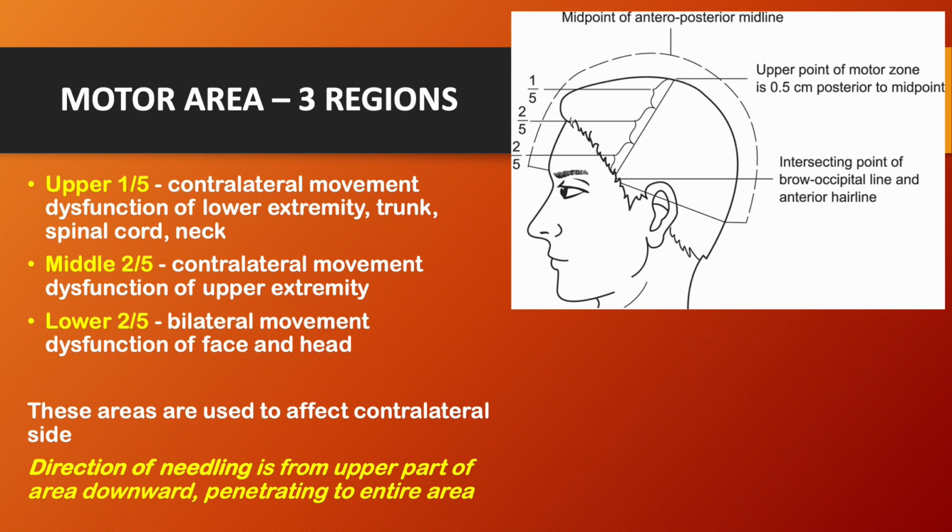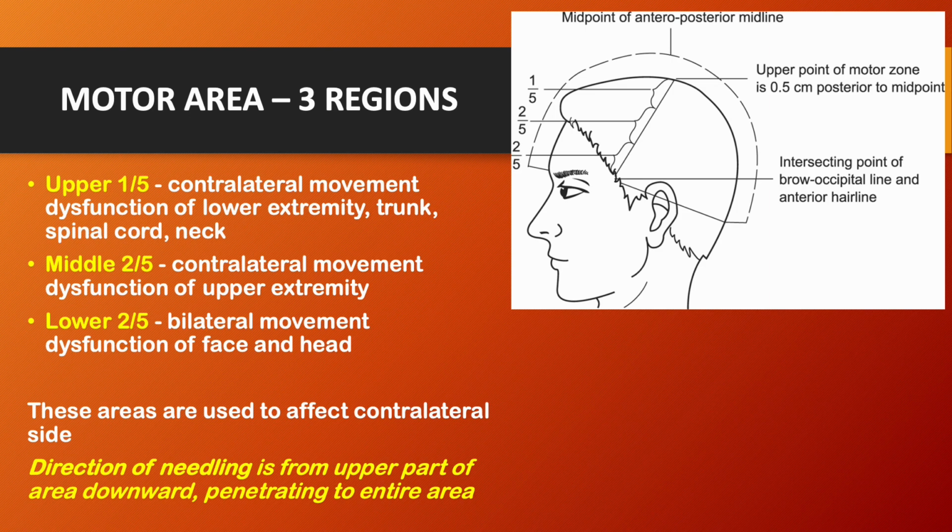The motor area has three regions. The upper 1/5 treats contralateral movement dysfunction of the lower extremity, trunk, spinal cord, and neck. The middle 2/5 treats contralateral movement dysfunction of the upper extremity. The lower 2/5 treats bilateral movement dysfunction of the face and head. These areas are used to affect the contralateral side.